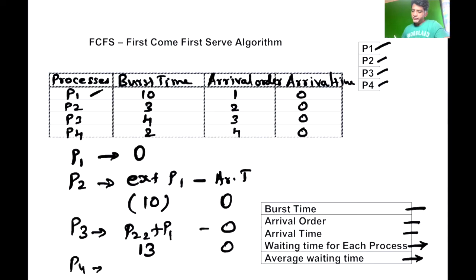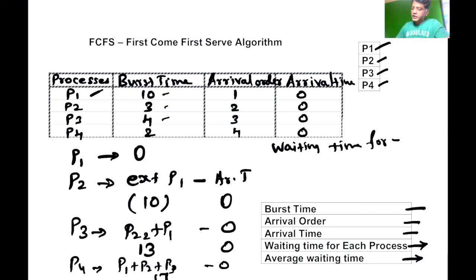Now P4, calculating the same way: the execution times of P1 plus P2 plus P3, minus the arrival time. So all three execution times are 10 plus 3 plus 4, so total 17 will come, right? So we can fill out the waiting time for each process.